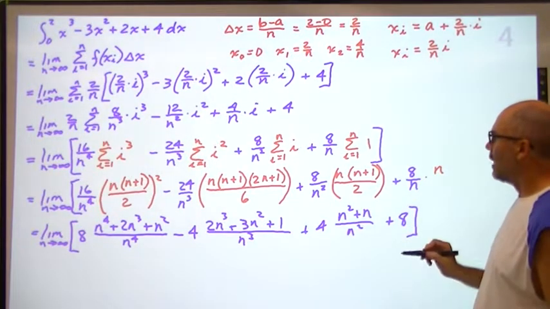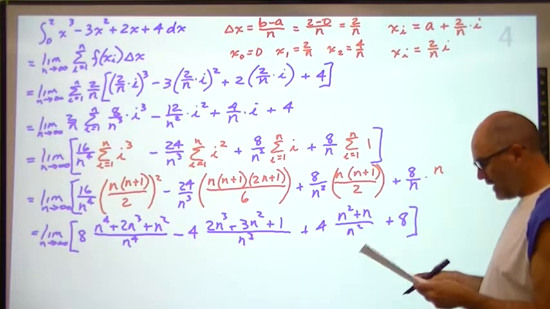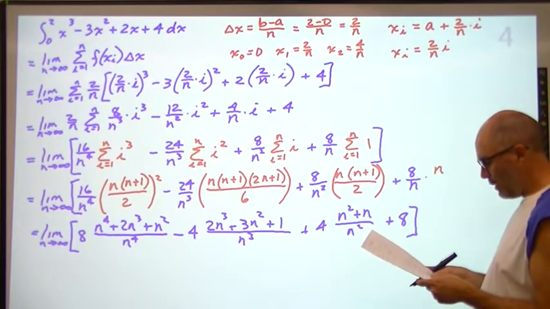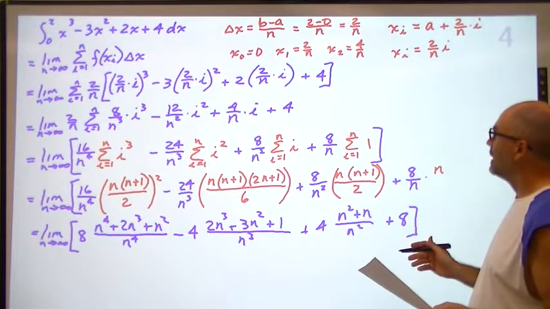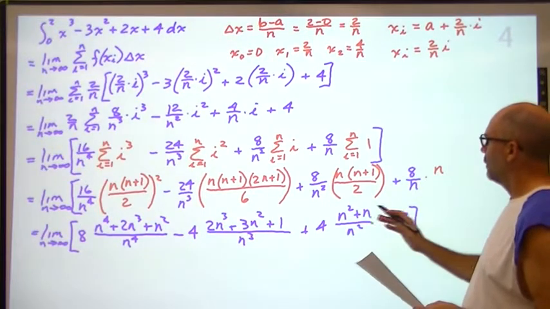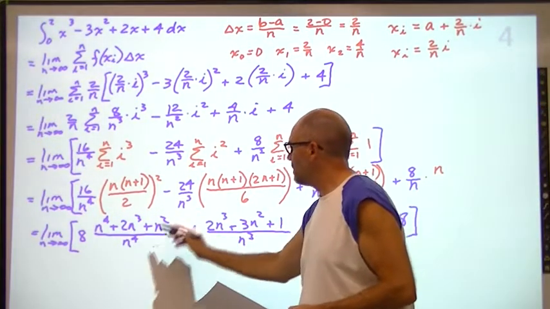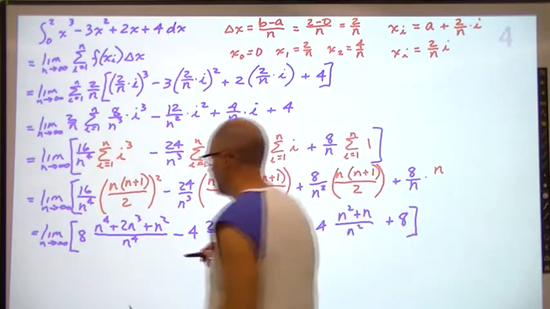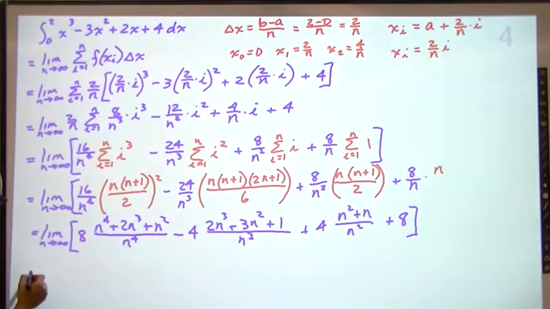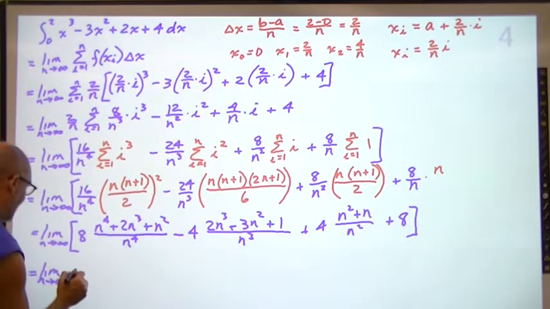All right, now, what I'm going to do is break these up into separate pieces. So this is going to equal the limit as n approaches infinity of 8 times.